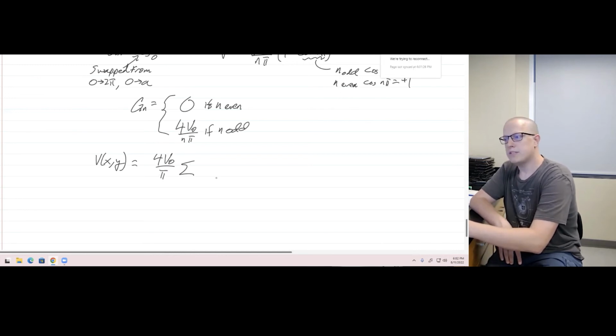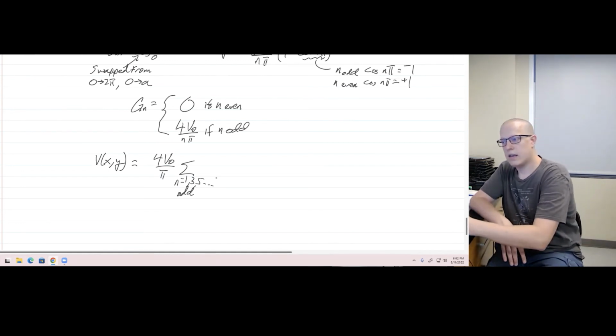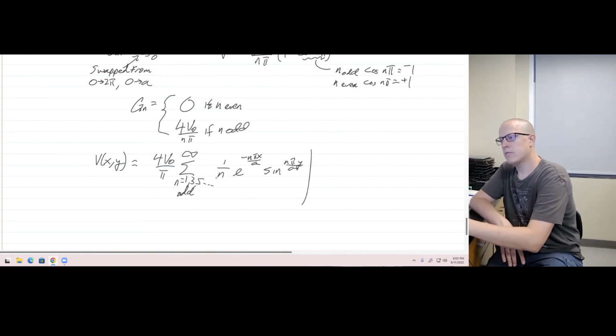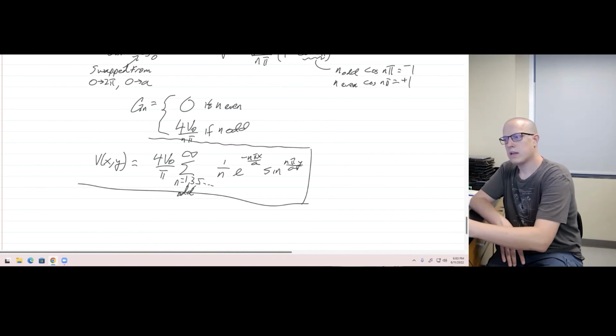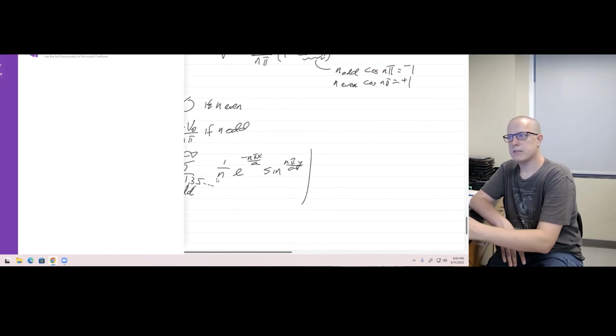And then I have a big old sum, n equals 1, 3, 5, et cetera, so only the odd, up to infinity of 1 over n e to the minus n pi x over a sine n pi y over a. Sorry, that was a terrible box.